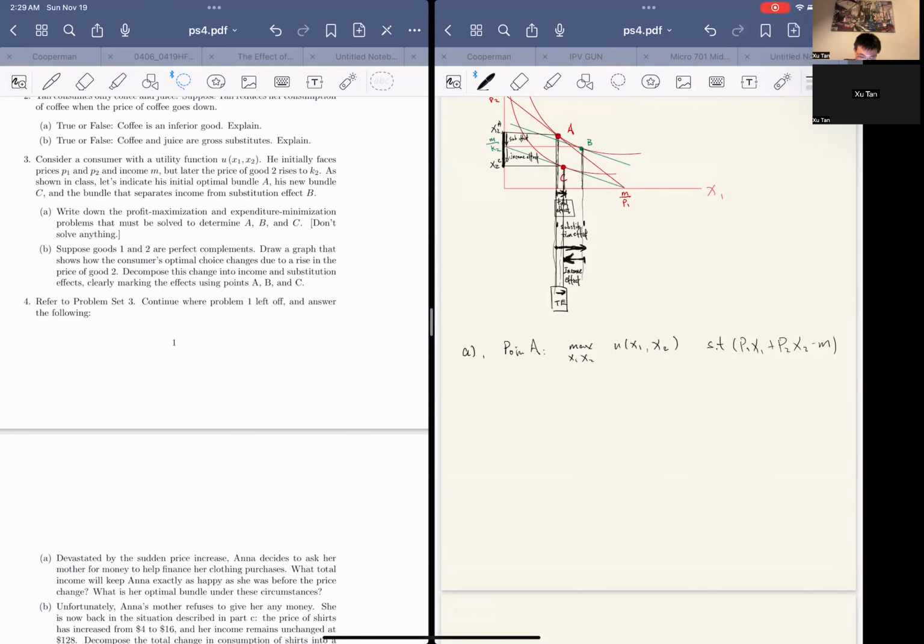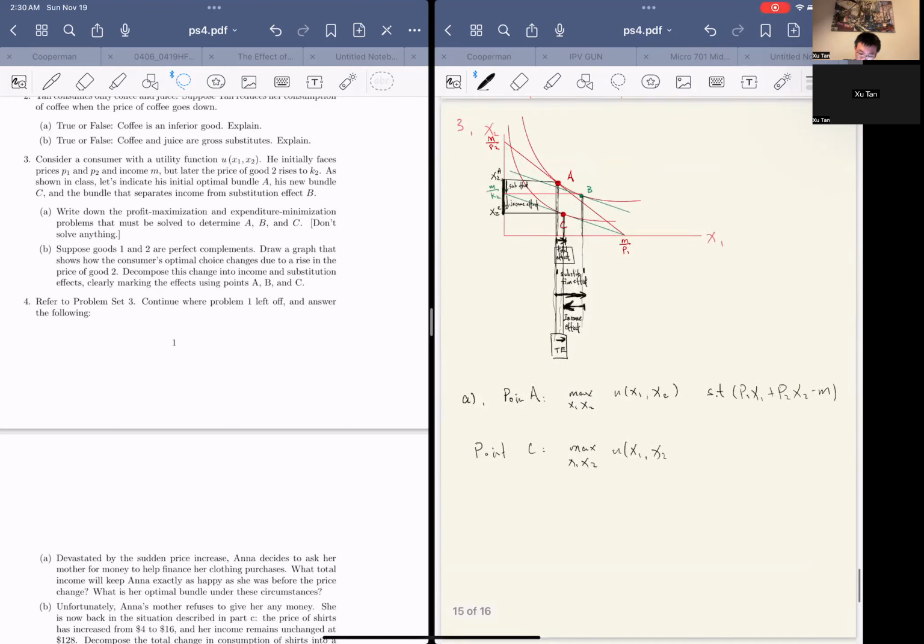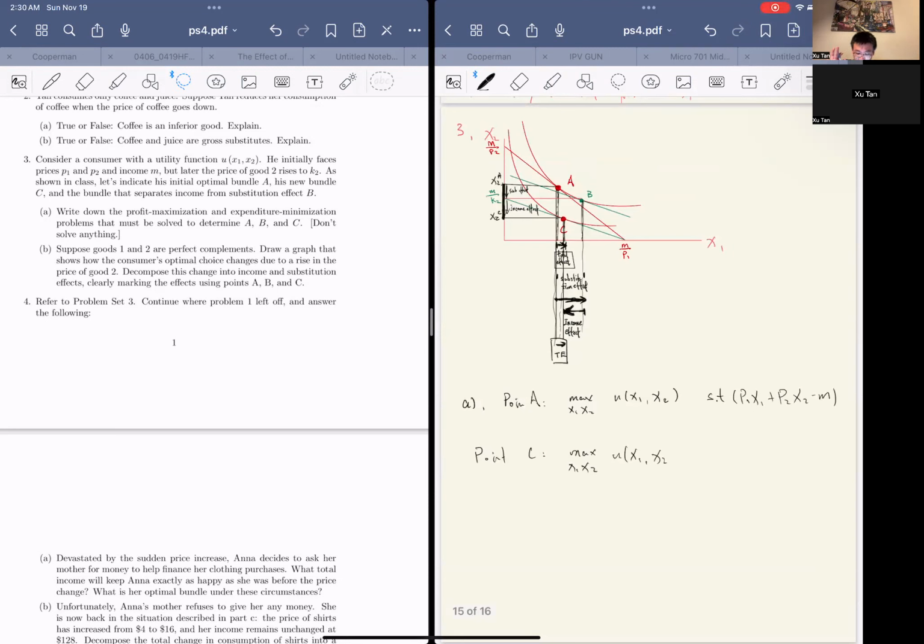Point C is the same thing. It just has a different price ratio, because we change from P2 to K2. So in this case, we have max over x1, x2 of the utility of x1, x2. See, the utility still didn't change, right?